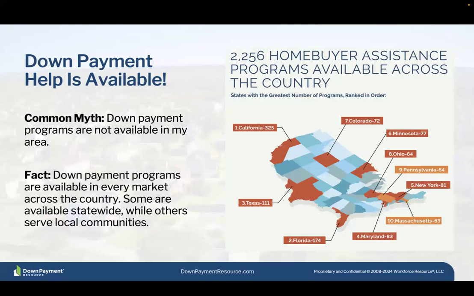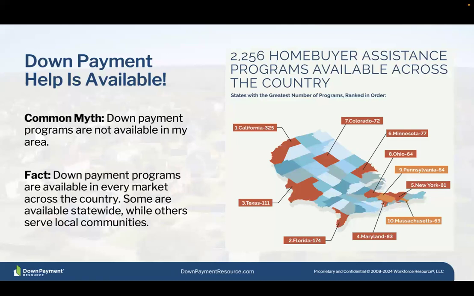But in addition to that, also remember that these programs are available everywhere. There are well over 2,200 programs, approaching 2,300 programs across the country. Every state has a state housing finance agency at a minimum. So there's at least one organization in every state that offers assistance to aspiring homebuyers statewide, with often surprisingly flexible income limits, purchase price limits, and more.